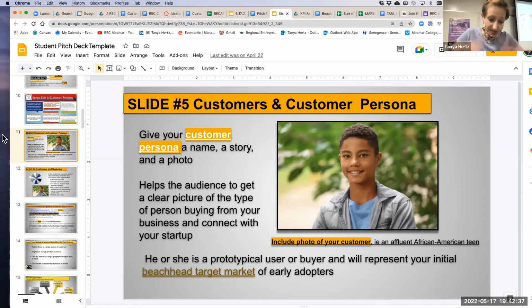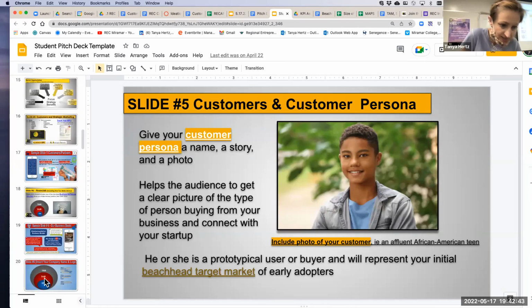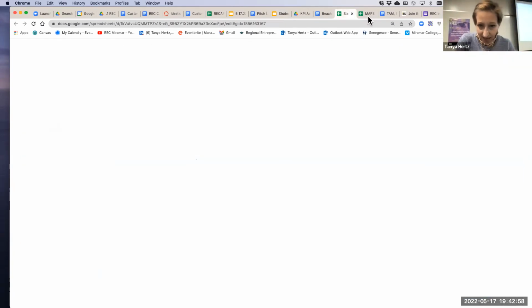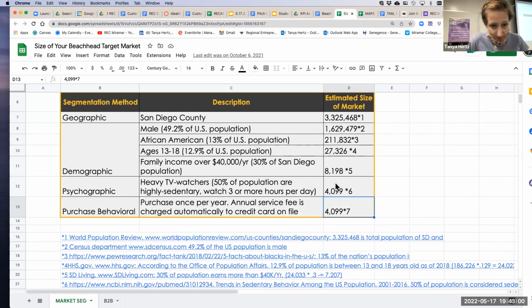But the reason that we do this is to get to that market size, so that when we show investors, this is our TAM, this is our SAM, this is our SOM, we can show we've done our research. We got these numbers not from the air. Oh, I should say another thing. This is not going to be entirely accurate.